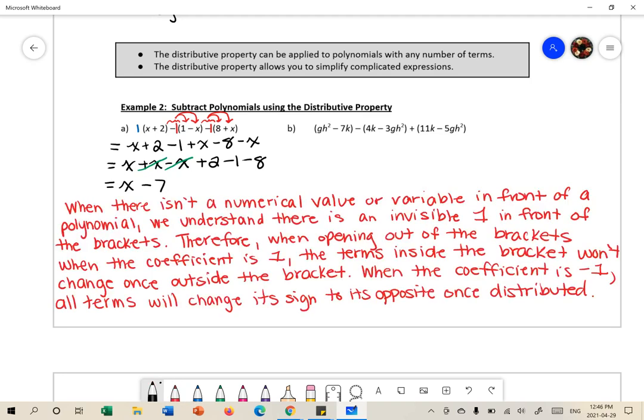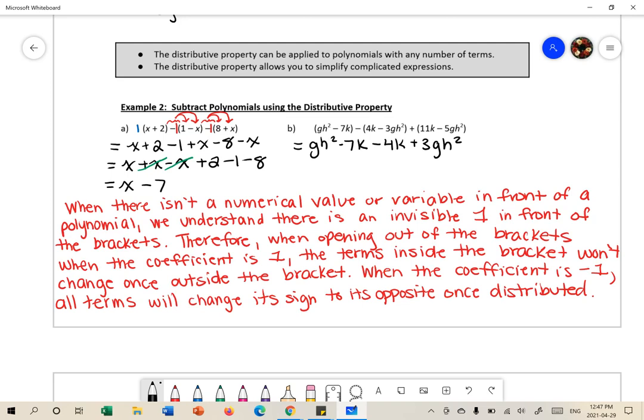Next question. The first polynomial is being multiplied by +1. So distributing that out of the brackets, it's going to stay exactly the same. Next polynomial is being multiplied by -1, which means distributing out of the bracket, these signs will just change to its opposite.